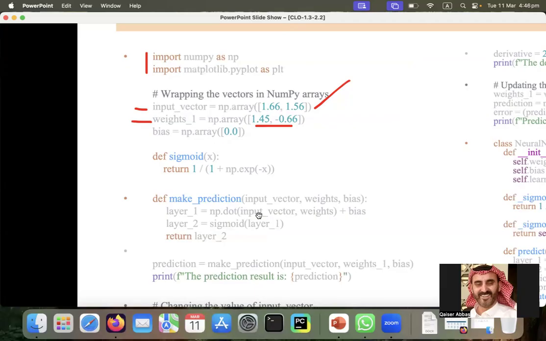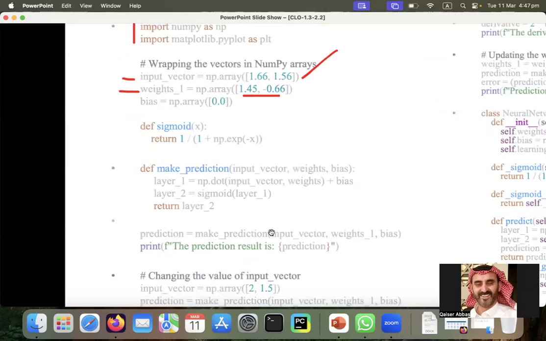In logistic regression, in a neural network, you have to multiply the inputs with the weight vector. Here we are doing dot multiplication. This dot function will do that multiplication automatically for you. It is available in Python. And then we are adding the bias, and we are getting information in layer 1. Then we apply sigmoid over this layer 1, and we store the value in a variable layer 2, which we return.